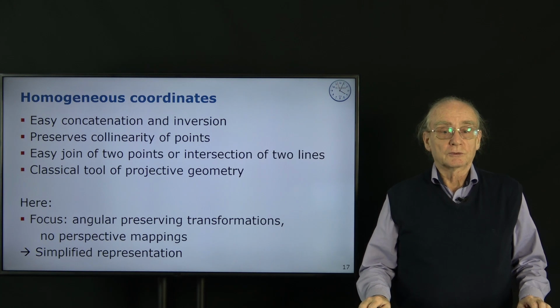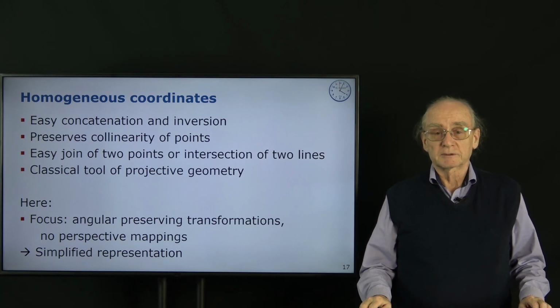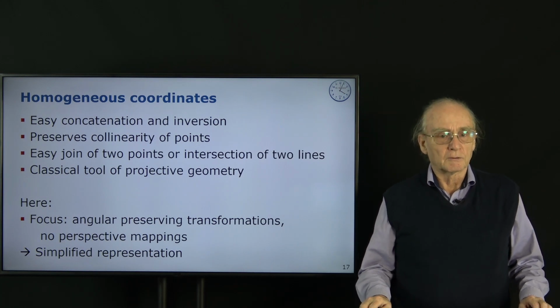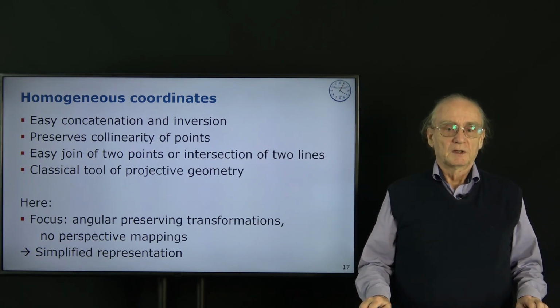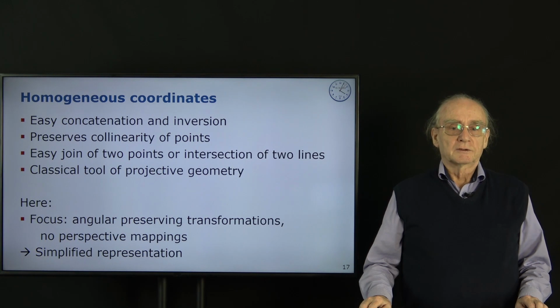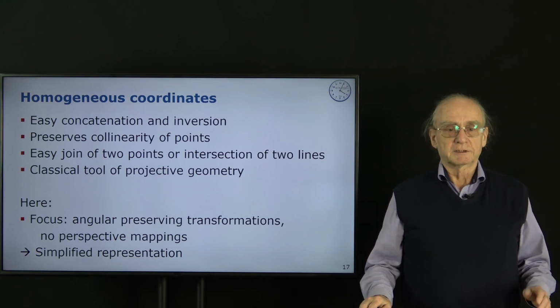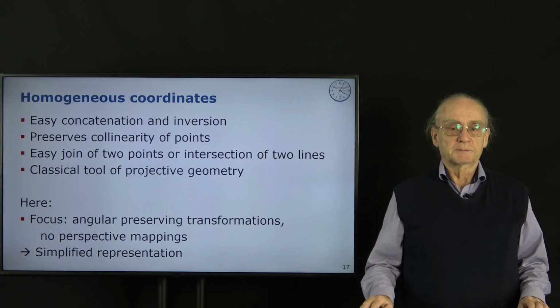It's easy to join 2 points and 2 lines, which is a topic which we don't discuss here in our lectures. And it's a classical tool of projective geometry. We focus here on angle-preserving transformations, that means motions and similarities. We don't talk about perspective mappings, which allows a little bit simplified representation in our case.